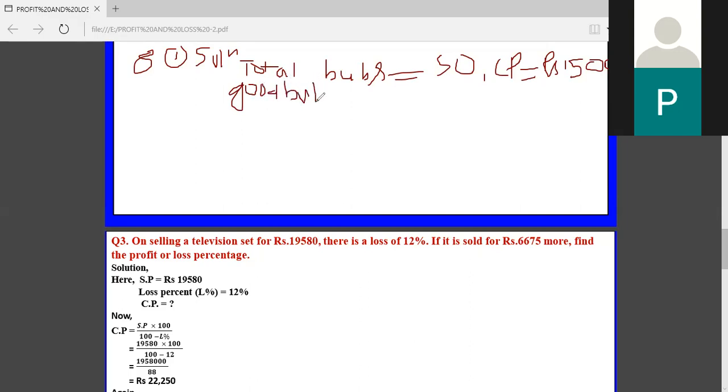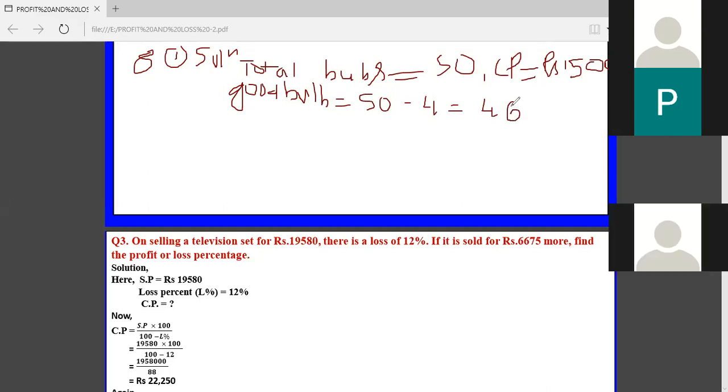Good bulbs equals 50 minus 4. Then there remain only 46. Understood, children? 46 good bulbs. Then he sold the rest of the bulbs at the rate of rupees 35 for each bulb.